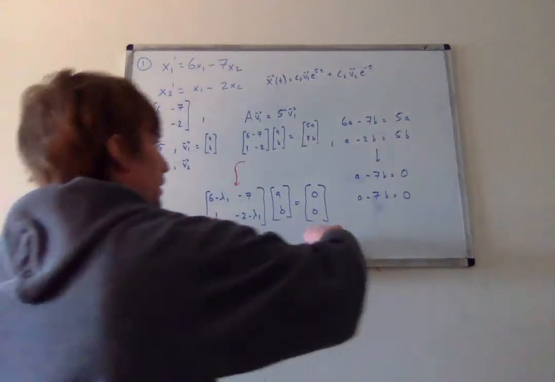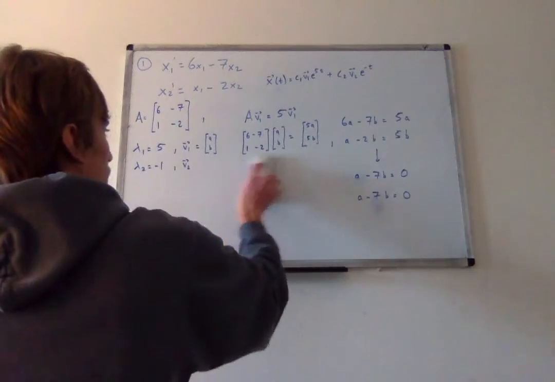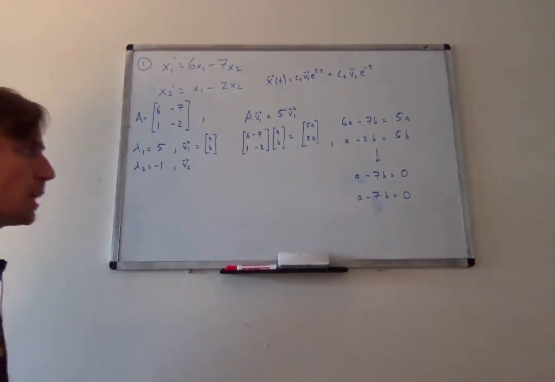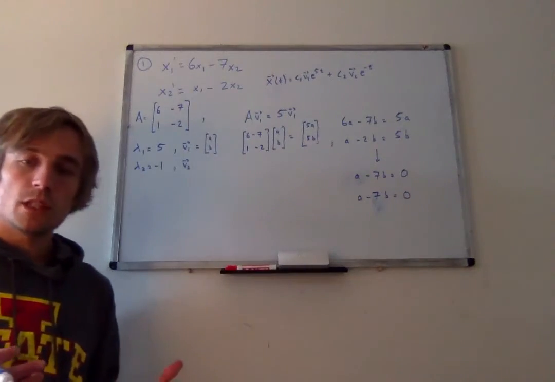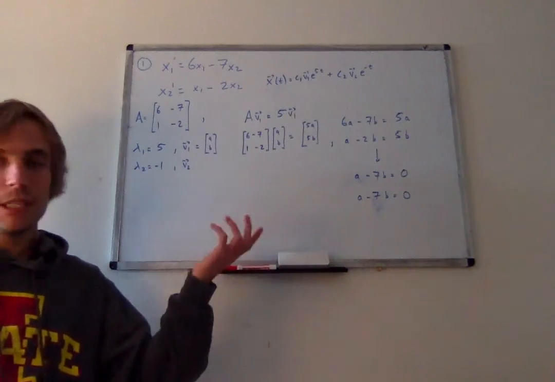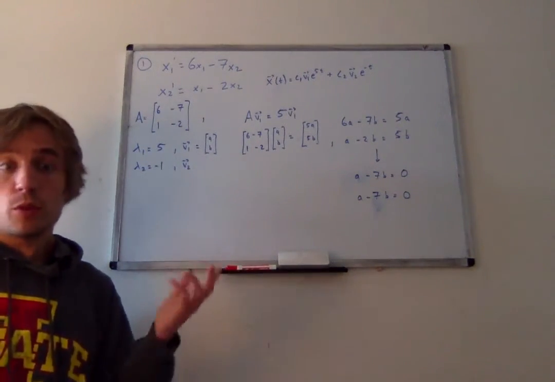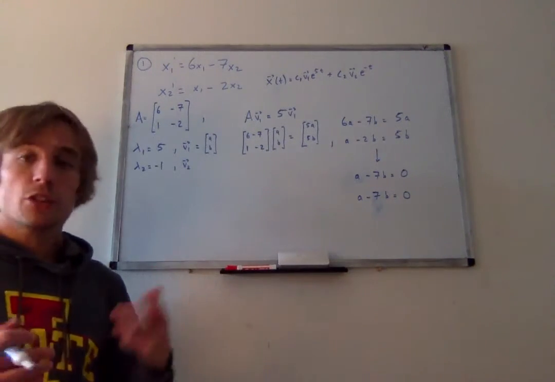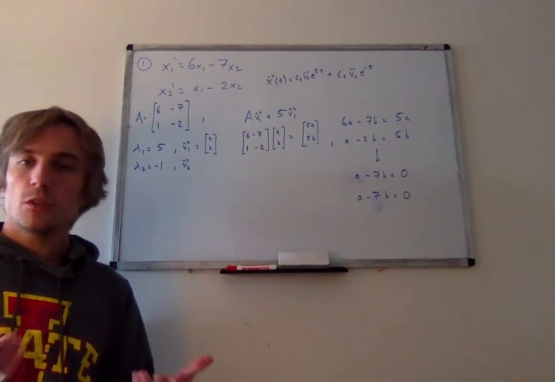So sort of the way I generally think about this is I take my eigenvalue, I subtract it off of each of the diagonal entries, and then I solve this associated system of equations. And so notice here, we get a minus 7b, a minus 7b. So because these are redundant, they're the exact same equation. There's actually going to be infinitely many choices for a and b which satisfy this, right?